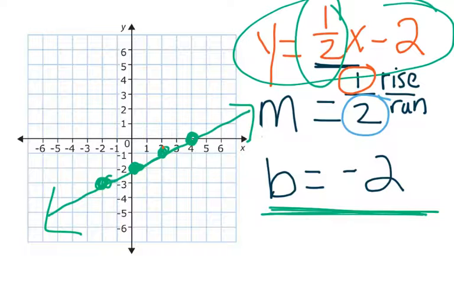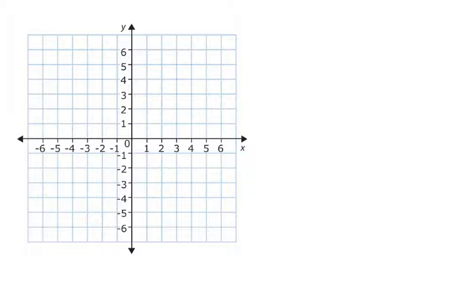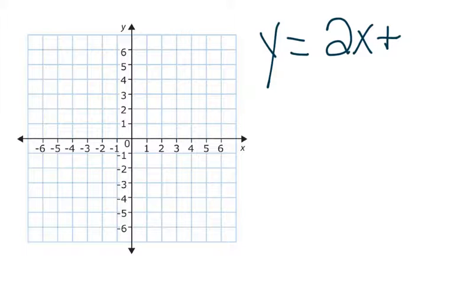Let's go through that process again. y equals 2x plus 1. Okay, so our slope, our m, is in front of the x value. So m is equal to 2.